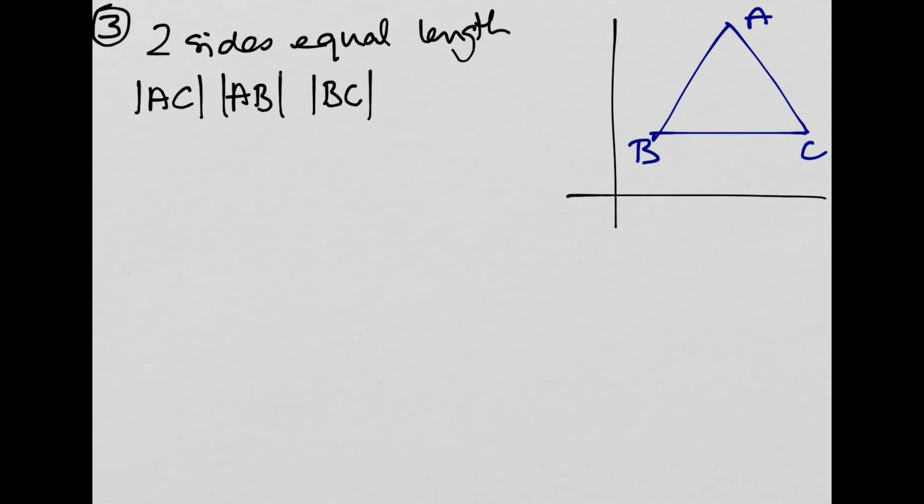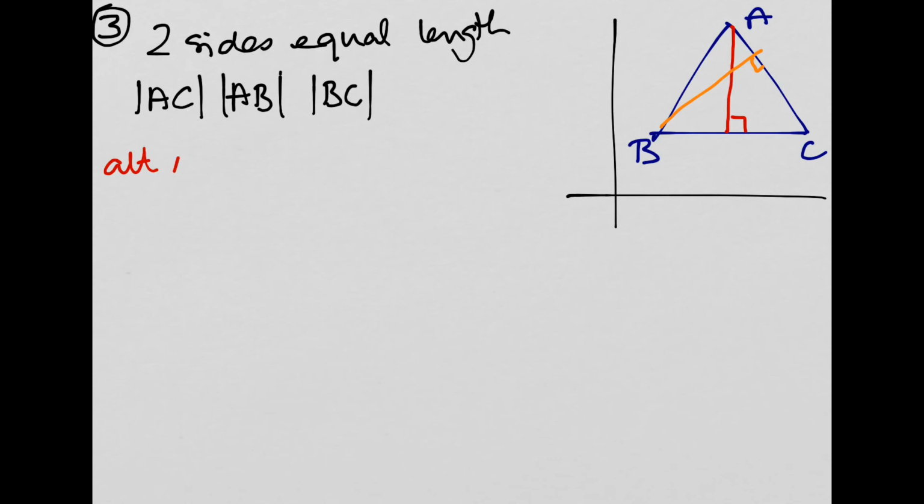Part B, altitude AD. So that's a line through A which is at 90 degrees to that side. And the altitude through B, which is a line that goes through there at 90 degrees to that side. Okay, so how do you find an altitude? Let's do the red one.